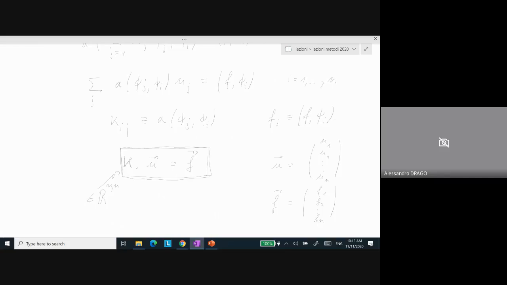For instance, I just take as elements of the basis products of similar functions, trigonometric sine functions, but each of these sine functions will contain either x or y or z. So I will have 10 times 10 times 10, so 1,000 different elements of my basis.